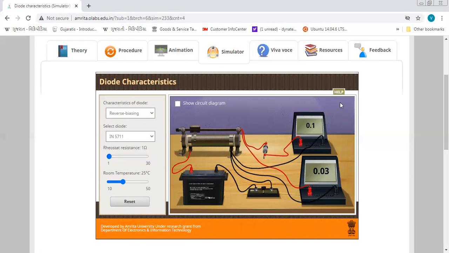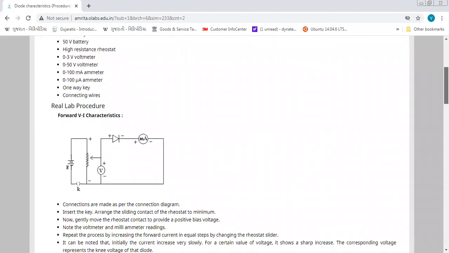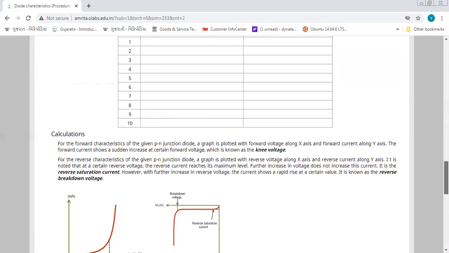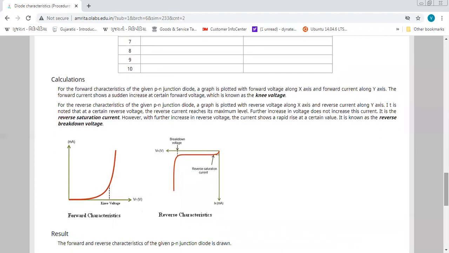After taking the readings, we need to plot the graph of V versus I for the two conditions, that is forward bias and reverse bias, and you need to find out what is the knee voltage for the forward bias and what is the breakdown voltage for the reverse bias.